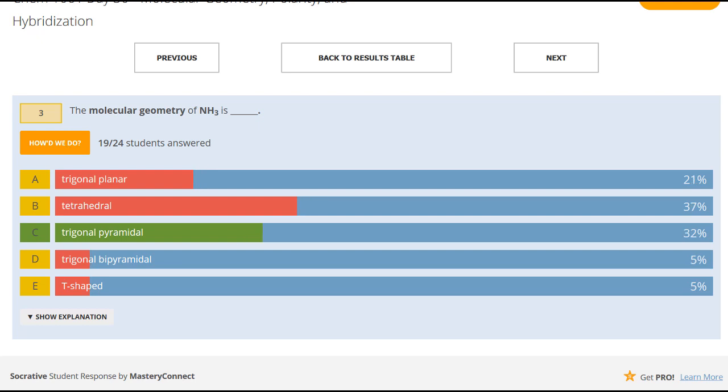Now, to do this one, I have some structures. If we look at the 4 pairs around the central atom, remember that the electron pair geometry is tetrahedral.